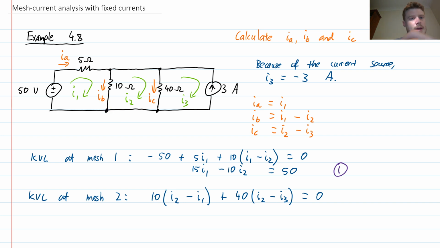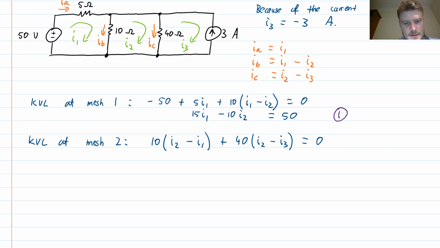Now we can simplify this equation a little bit. I'll bring I1 to the front, just to put them in order. So that's minus 10 I1, then 50 I2, and the value of I3 I already know, that's been calculated here.